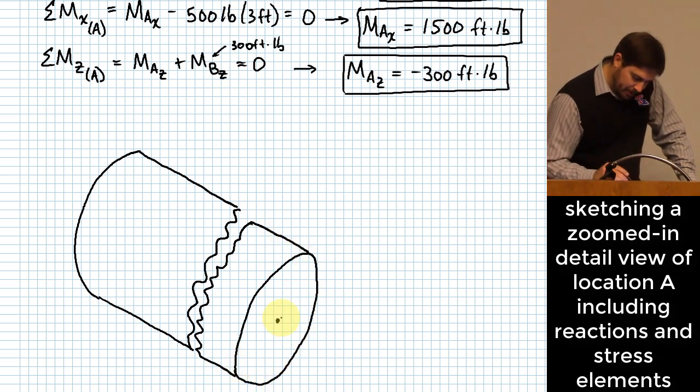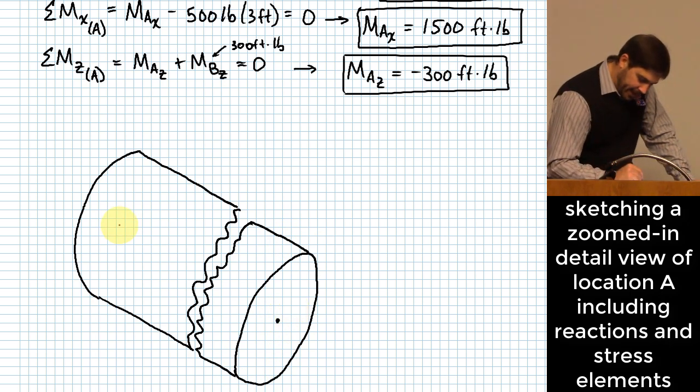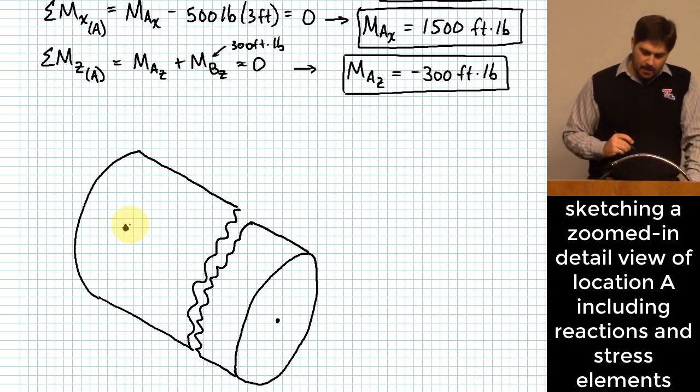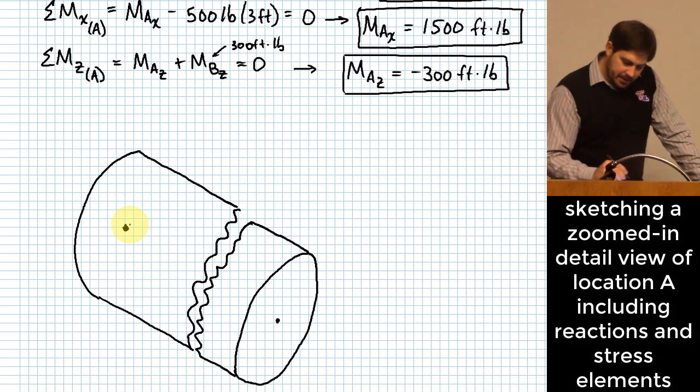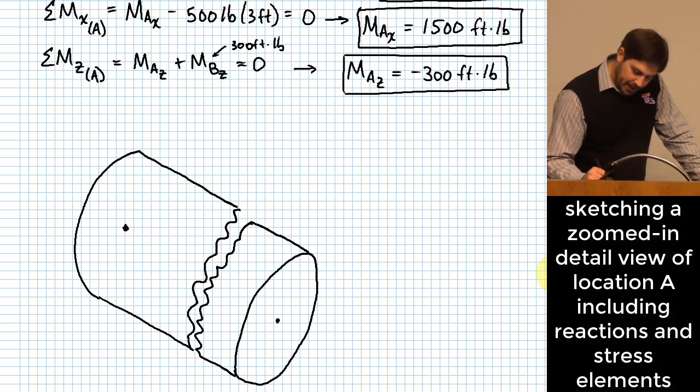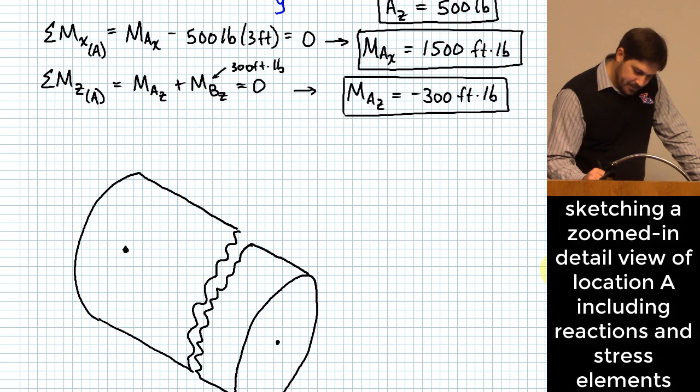Right here, this is point B, right? And out here, this was point A. All right, so let's look at these reactions at A and make sure we have those figured out correctly. So, AZ, I have 500 pounds.